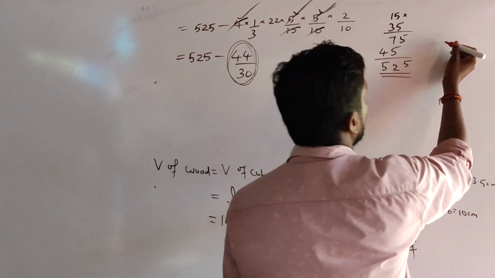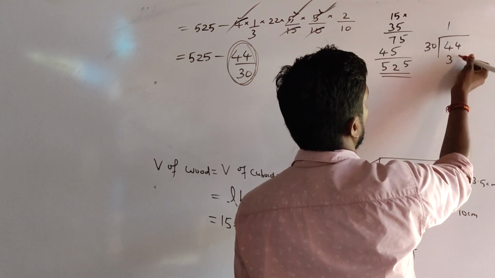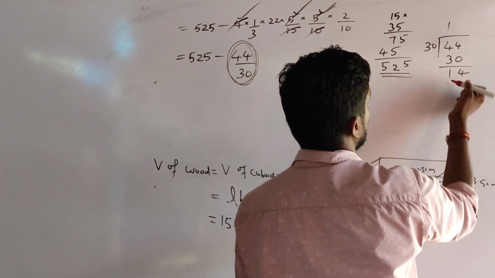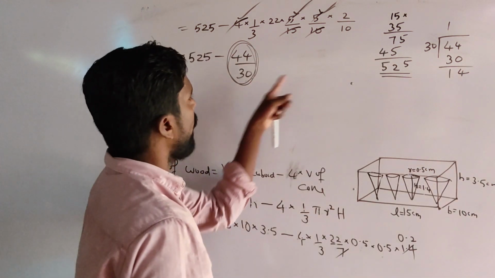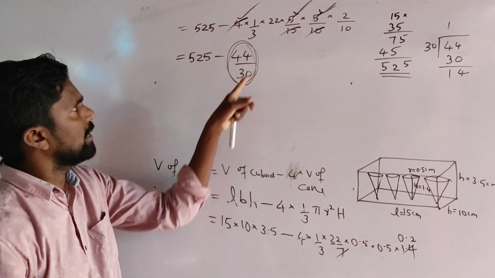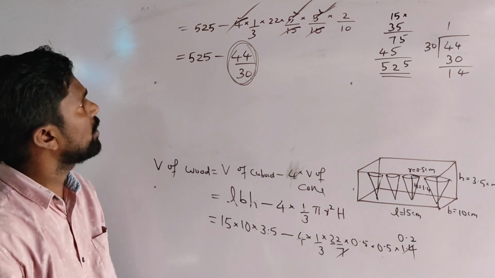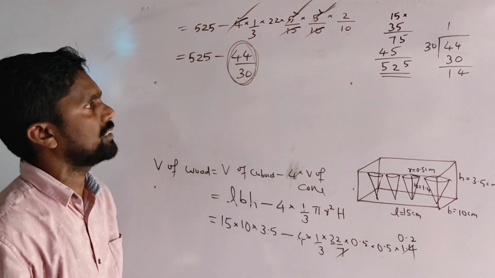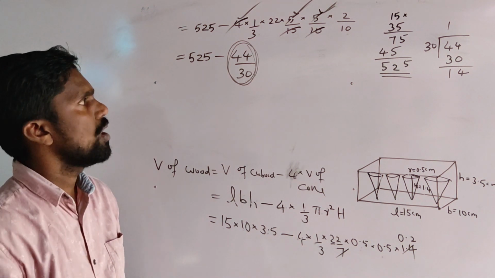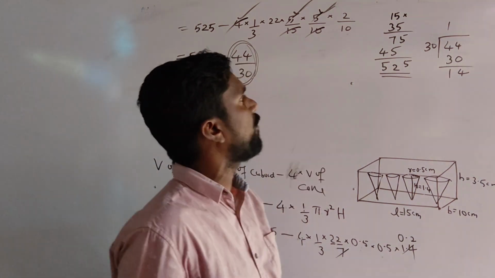That is 44 division 30. 44 by 30, so 44 division 30, 1.4.